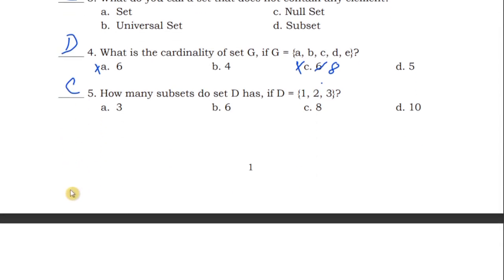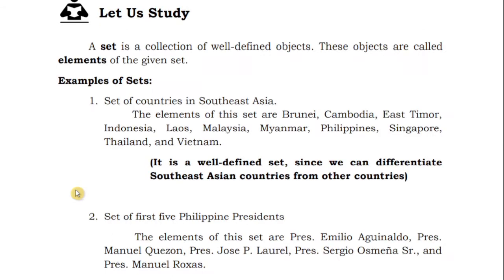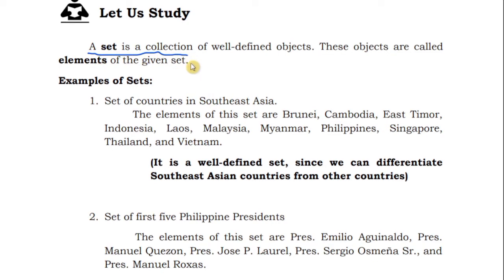Okay, as we are done with the let us try, let us now focus on the main concern in this topic. As you observe, a set is a collection of well-defined objects. Meaning to say, when we talk about sets, we are going to group things together, like for example your section.